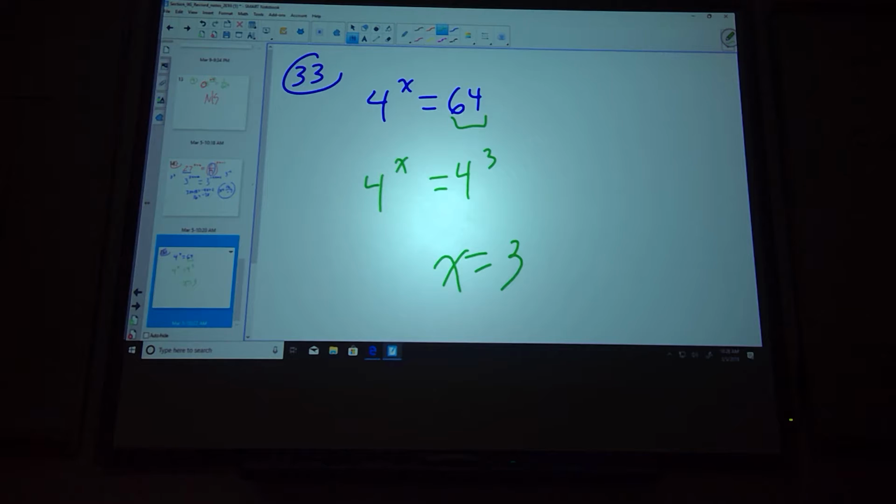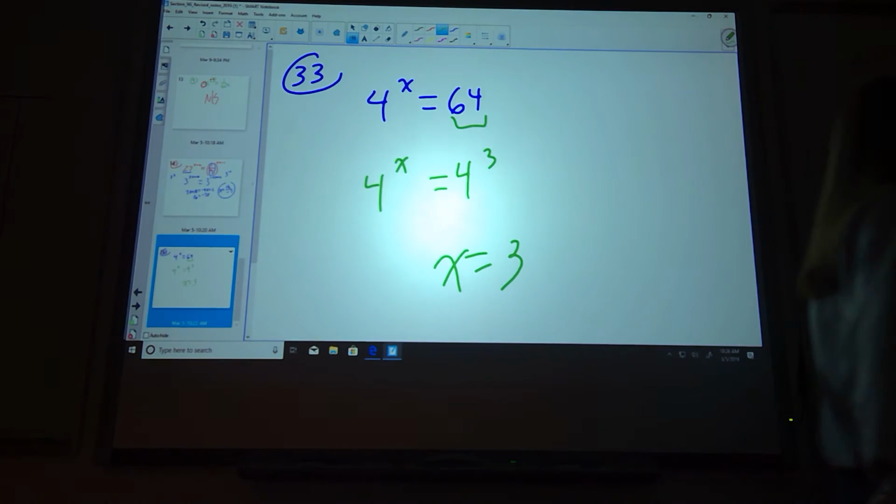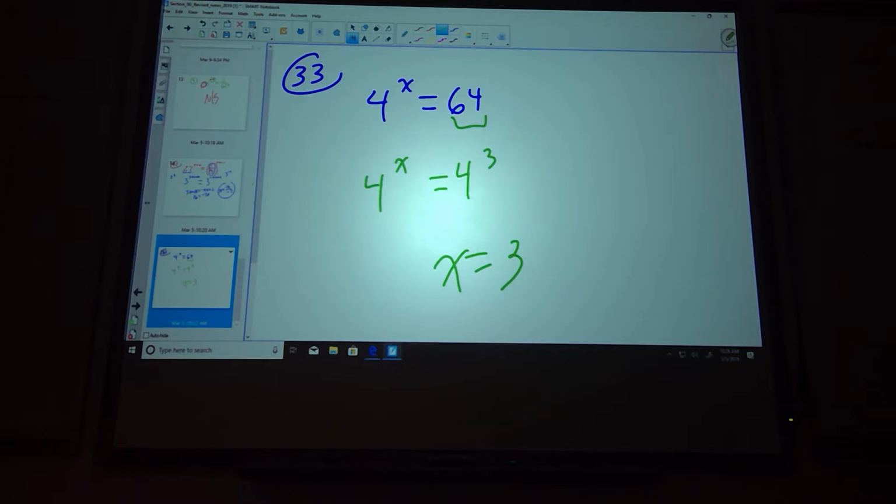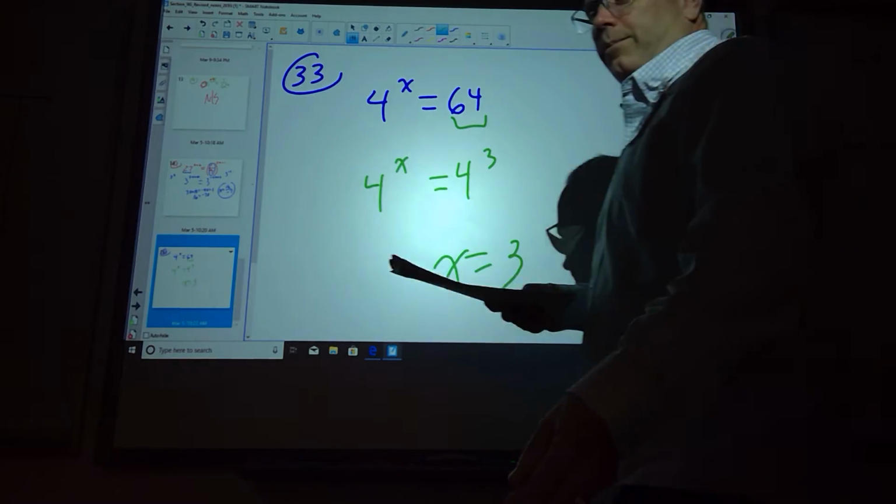All of the really big numbers that you have out there, a lot of them can be represented with having a low base to an exponent. And an exponent allows a number to grow really quickly. Does that make sense? Like stuff in science. Yeah.